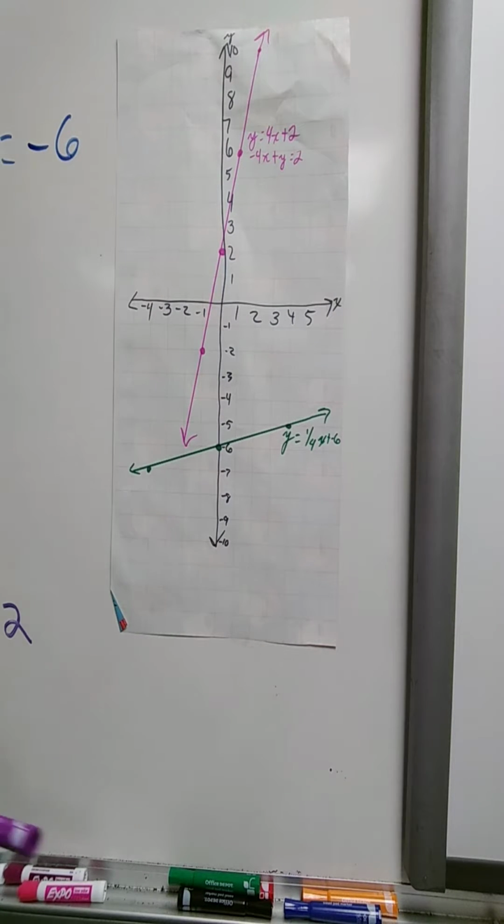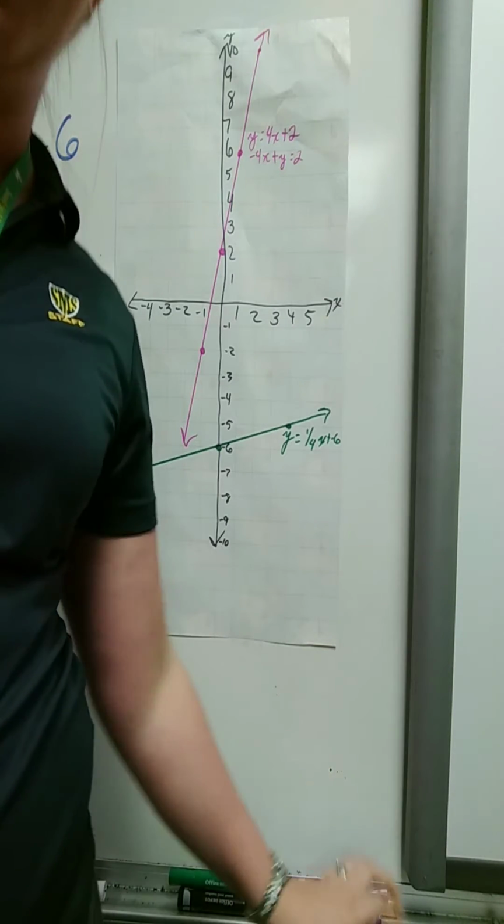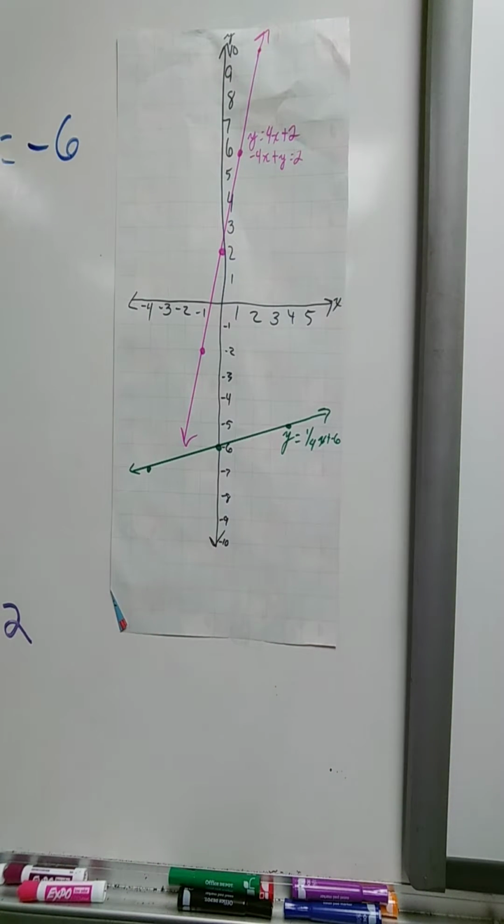Because we know how to manipulate an equation, does it matter how our equation looks when it's given to us? No, we can always manipulate it to get into y-intercept form. Most mathematicians like this form. Why? Because it's easy to graph.